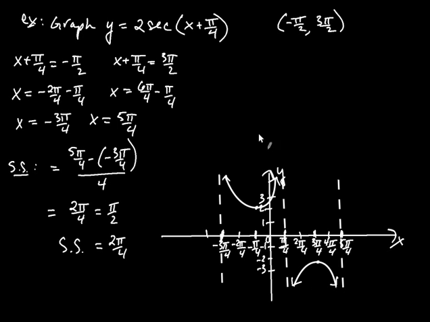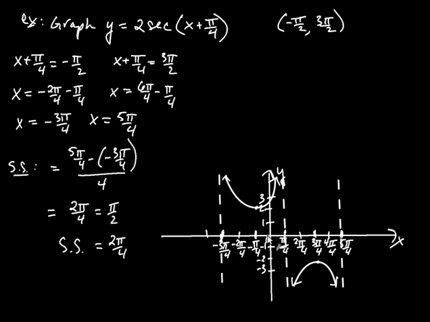Now, one last point. If you're thinking about transformations, you might say, wait a minute, this looks like the transformation should have a phase shift of pi over 4 to the left. And with phase shifts, you have to be really careful when you're not working with sine and cosine. When you're working with secant, you have to remember that the phase shift, negative pi over 4, is only true for the value that used to be at 0.